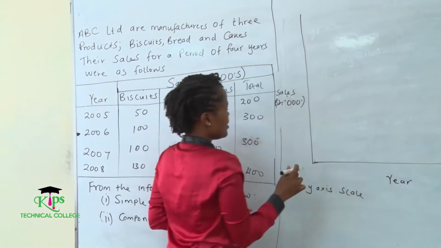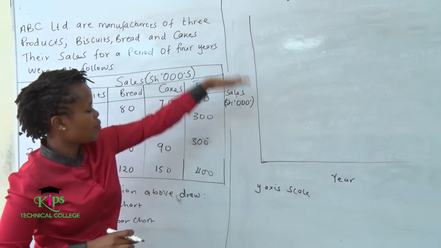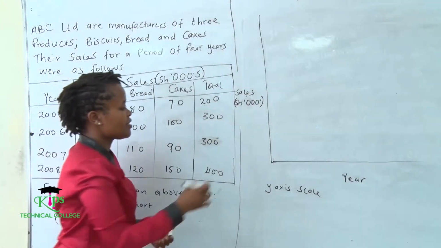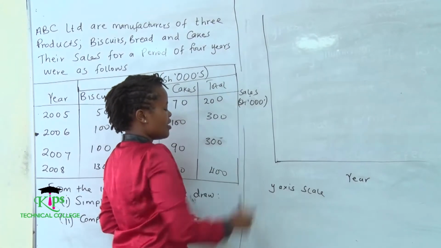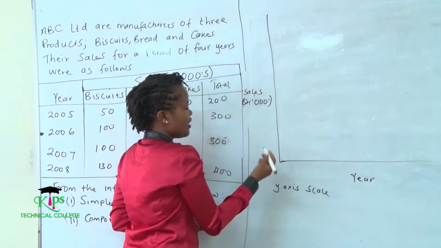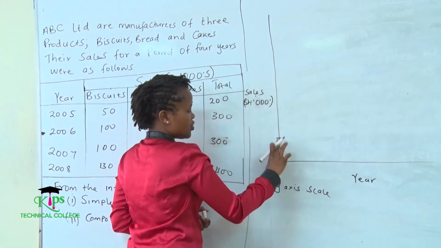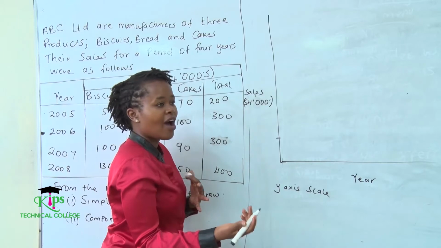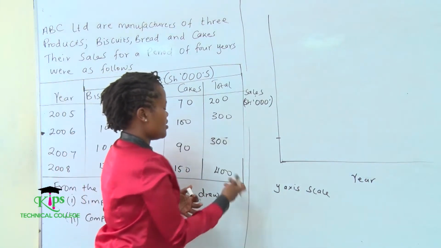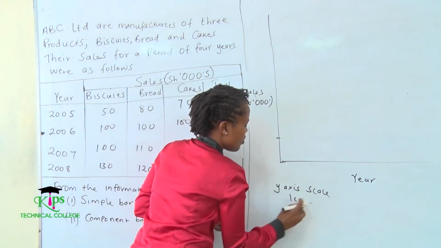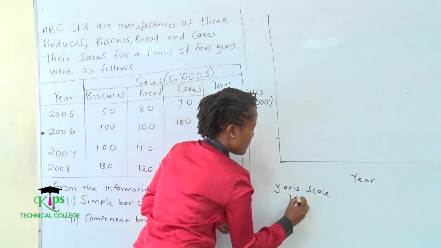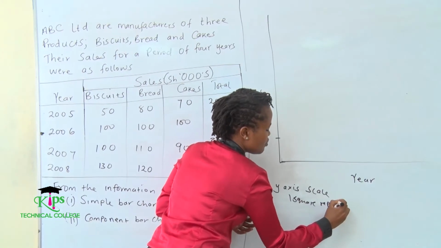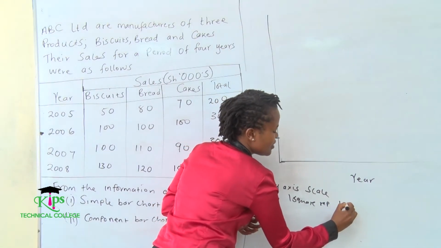When you are coming up with the y-axis scale, you have to check the highest figure, which is 400. In this case, my scale is supposed to accommodate 400. So I can say, assuming this is 1 centimeter, let it represent 100. In your case, you can draw a graph with only 50. So 1 centimeter or 1 square will be representing 100.